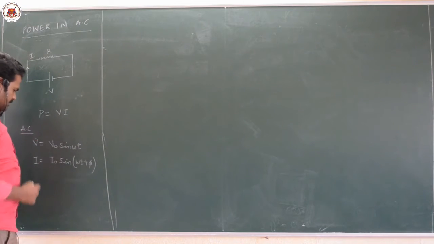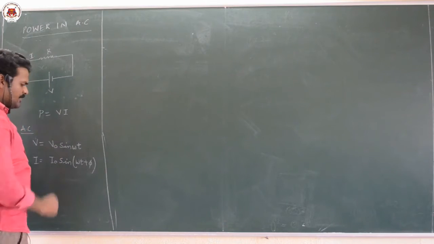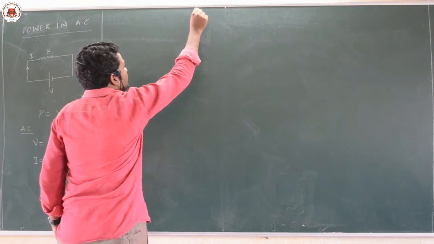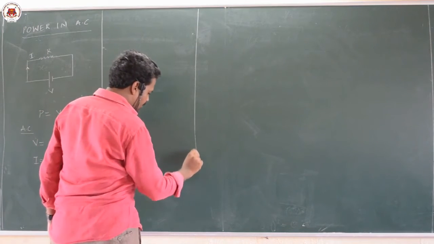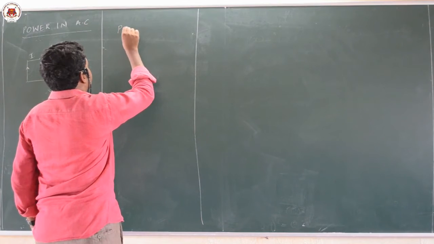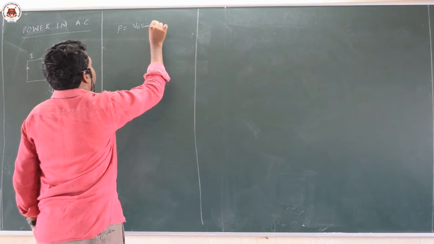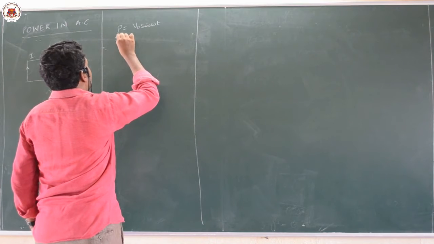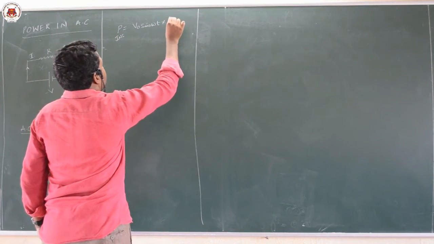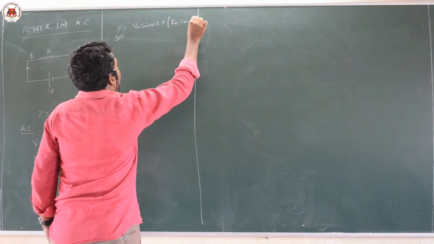Now, there are two types of powers in AC, because the power is varying with respect to time. At a particular time it will have some power, that is called instantaneous power. So, P is equal to V naught sin omega t, this is instantaneous, into I naught sin(omega t plus phi).